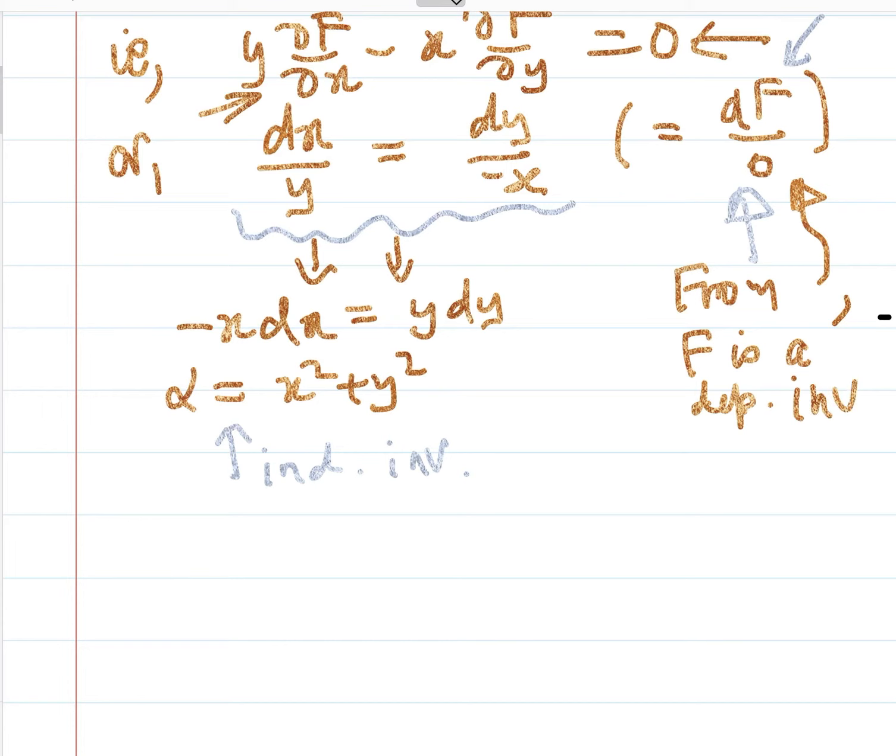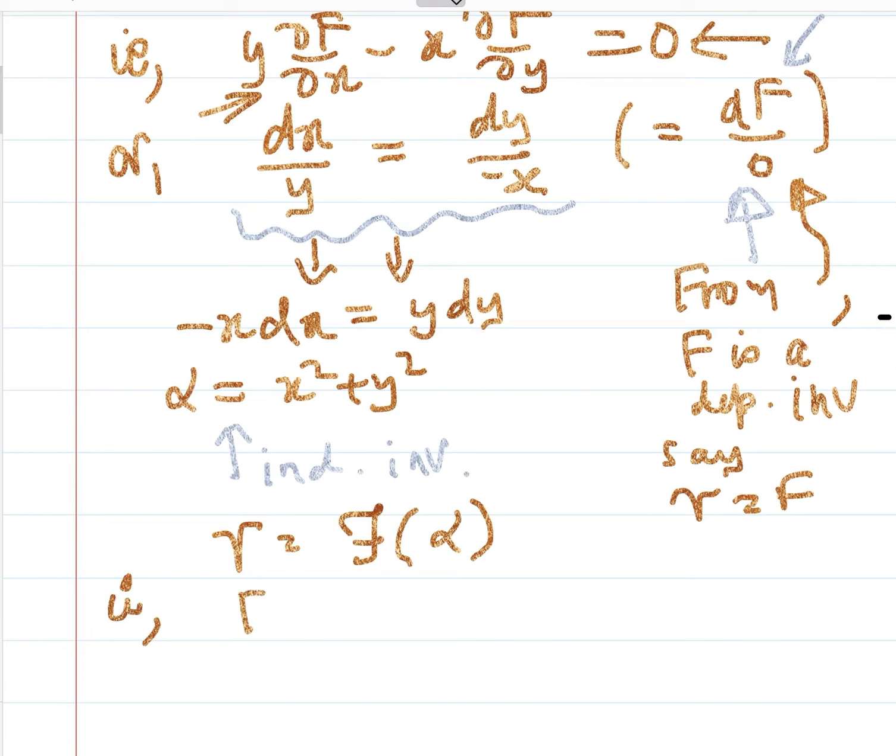Let's say gamma equals f. So gamma is your dependent invariant. And gamma, being a dependent invariant, is some arbitrary function of the independent invariants, which in this case is just alpha, i.e. your function f, gamma, is an arbitrary function of alpha.